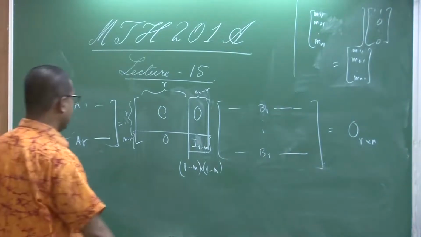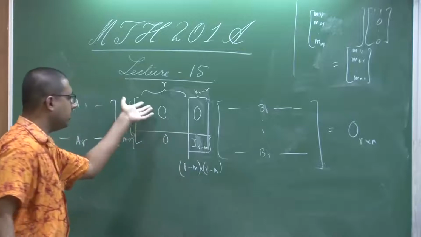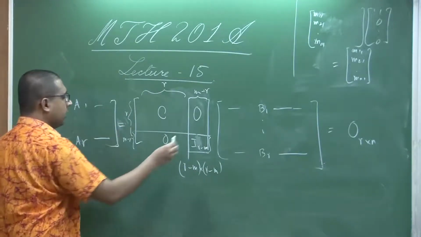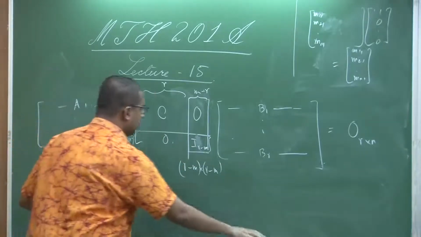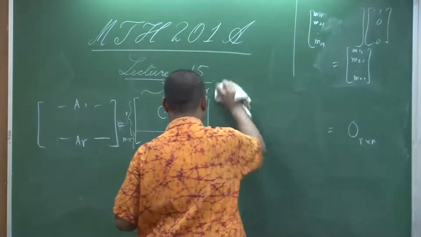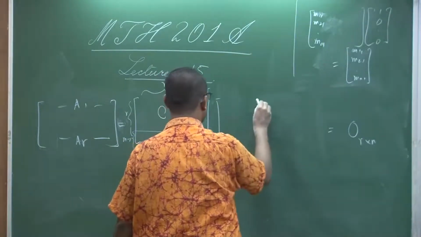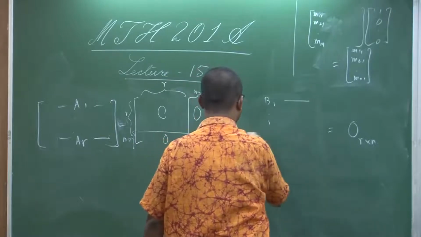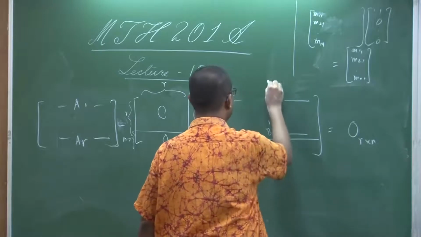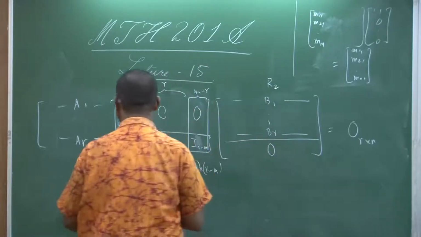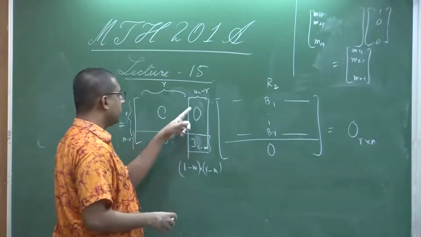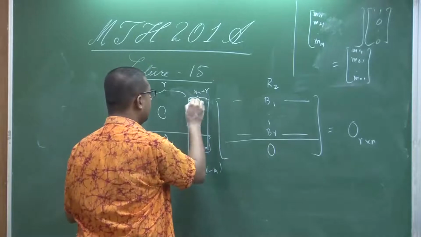Well, let me give you more explanation. One thing is clear, that the product of these two will be B1 up to BR, and then the entire zero rows. So, this is nothing but R2. Similarly, if we consider the product of the other, you see here the coefficients are all 0.